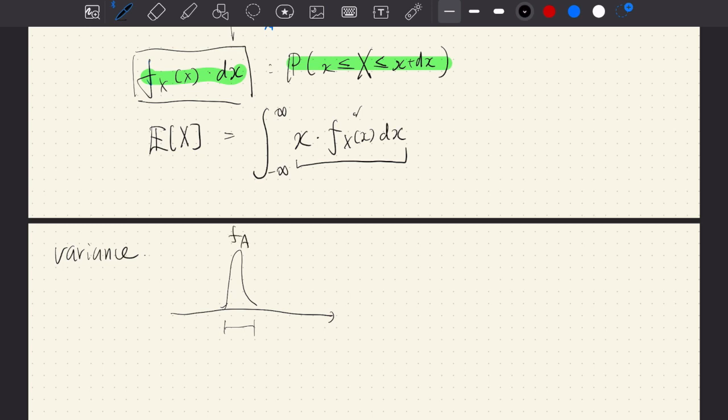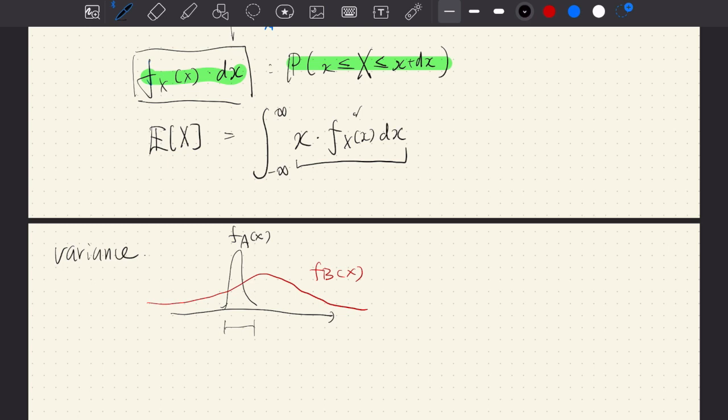And suppose there is another variable B, which has a probability density function like this. Then the possible values it can take span a larger interval, so we would say that the variance of B is greater than the variance of A.